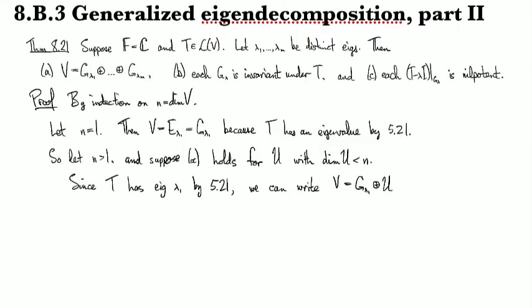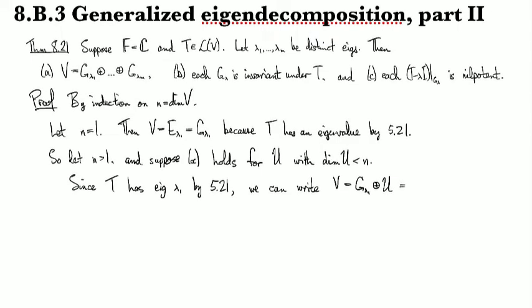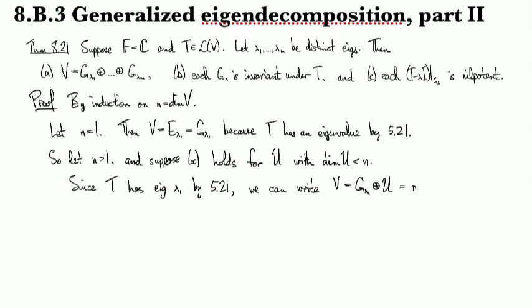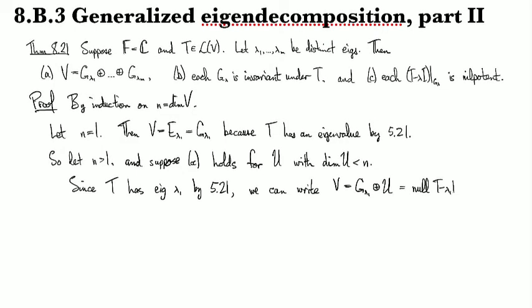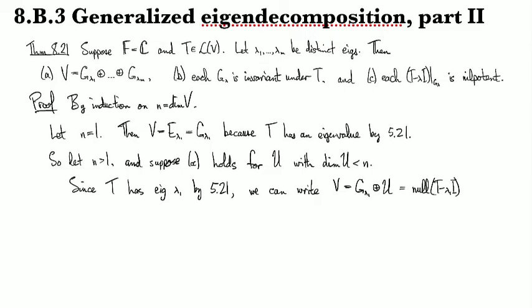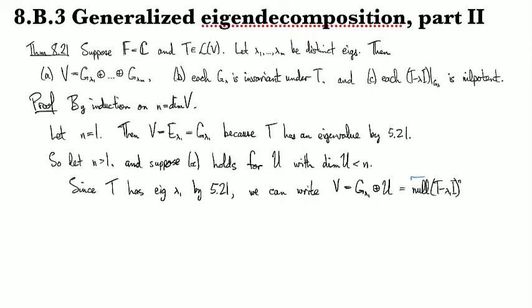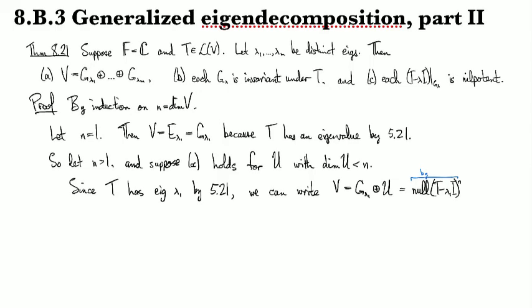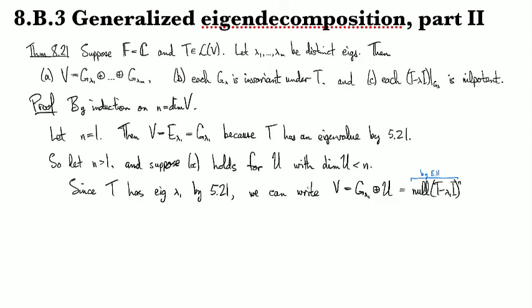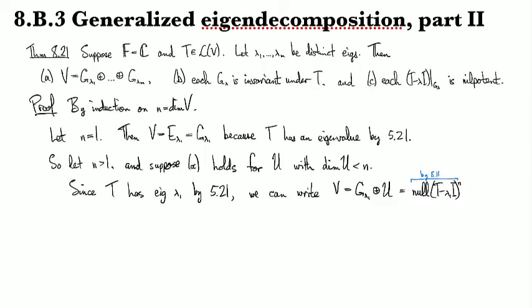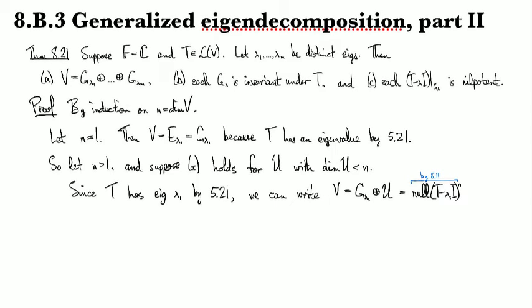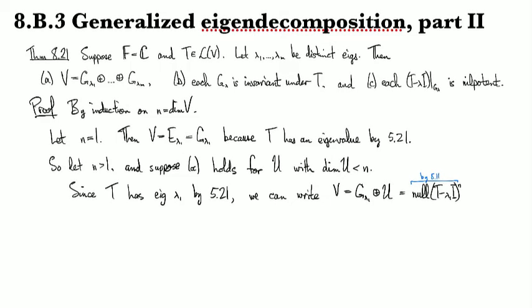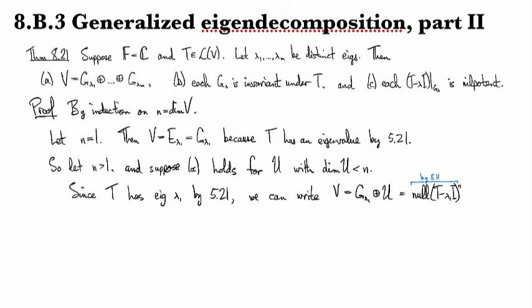So just to work out the details, let's break down what U in fact is. U is the null space of T minus lambda 1 I raised to the power n, and this follows by 8.11. And then we ask, what is U? Well, we've got this other result that says that for any operator, V is the direct sum of the null space of it raised to the dimension plus the range of it raised to the dimension.